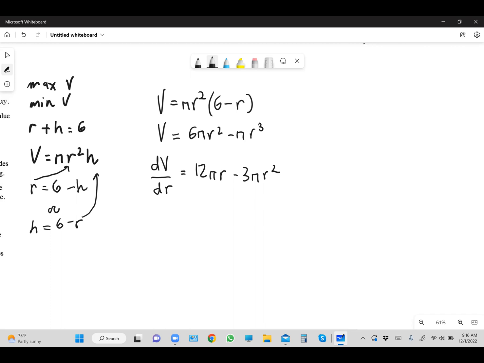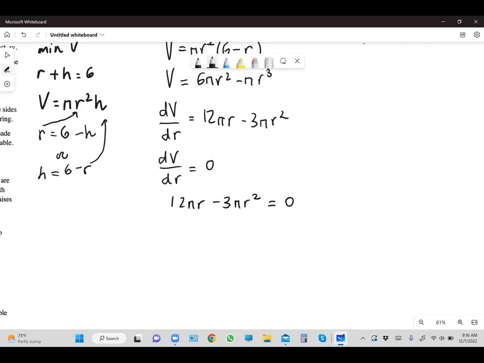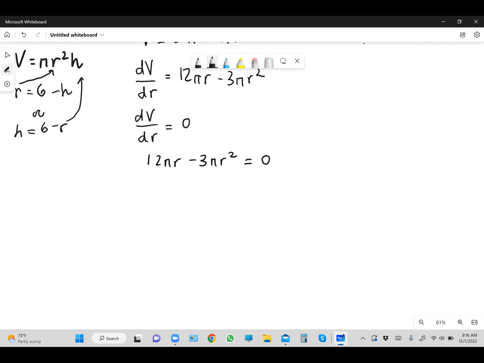And now, when do we have a stationary point? Because we're trying to find a maximum or a minimum, and that happens when we have a stationary point. And stationary points happen when dV/dr equals 0, so you've got 12 pi r minus 3 pi r squared equals 0. Right? And so now you've got to decide how you're going to solve that. There's a few ways. I'm going to factor out a 3 and a pi.